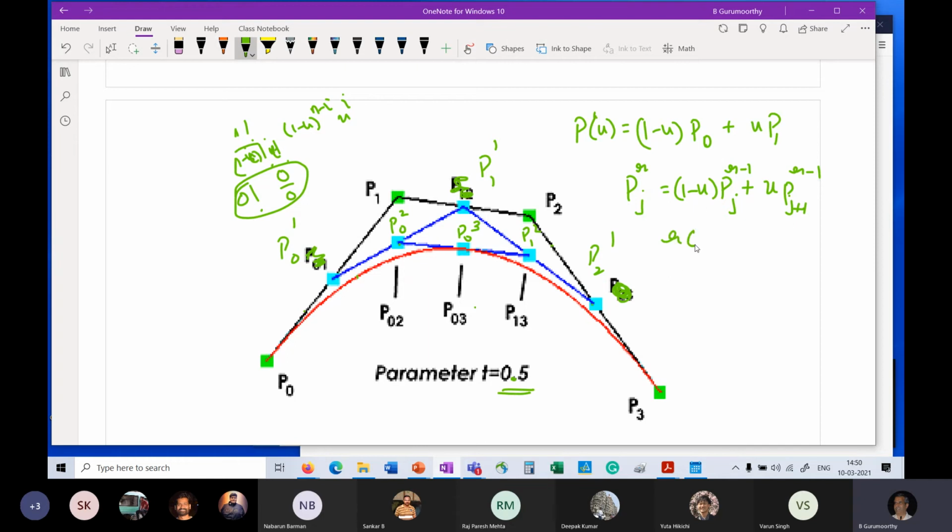So r in this case goes from 1 to 3, right? So this is 1 to n. n is 3, right? 4 points. And j in each case goes from where, right? In the first case, it goes from 0 to, where is the last one? P2, right? n minus r.